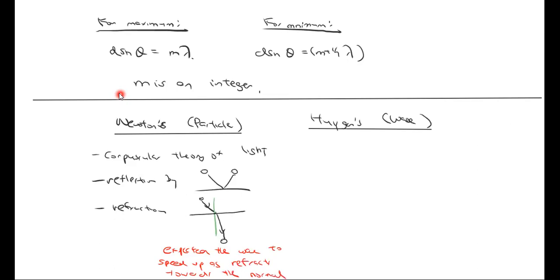Now, Huygens, on the other hand, has a wave theory, which basically says that each point on the wavefront acts as a wave source. So it's not really anything groundbreaking for us, given that we've been doing this since year 11, how we draw waves.